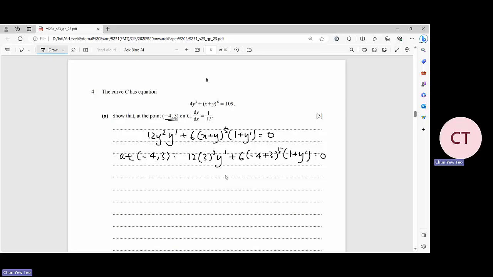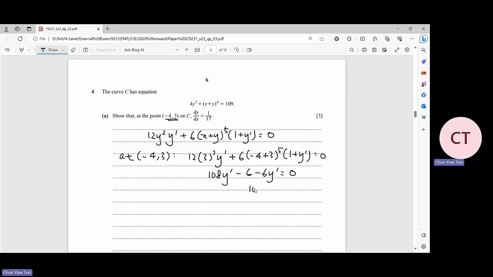Okay, so this one you can just expand them. You get 108 y prime plus 6 y prime equals to a negative, minus 6 minus 6y prime.